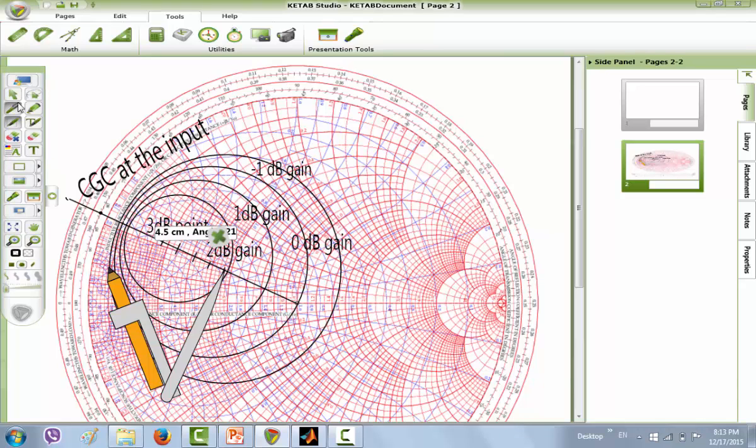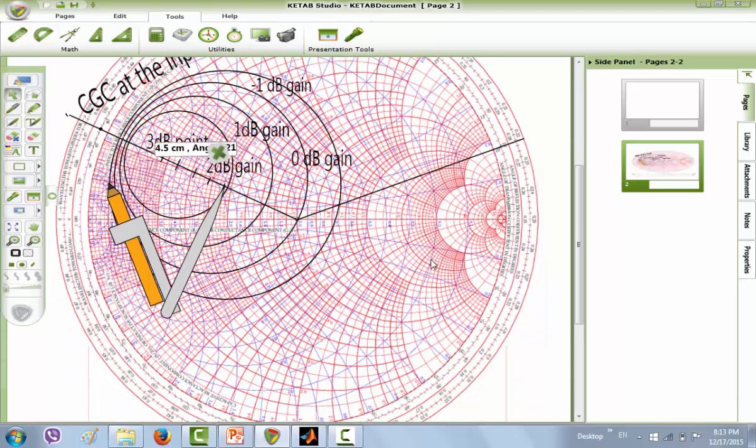So we draw the line using the ruler from the origin to the 20 degrees, and this is the line. We don't need the ruler.